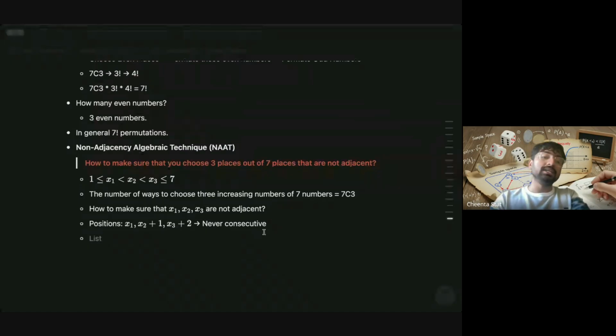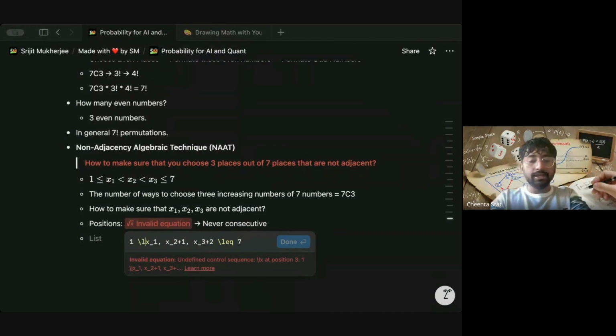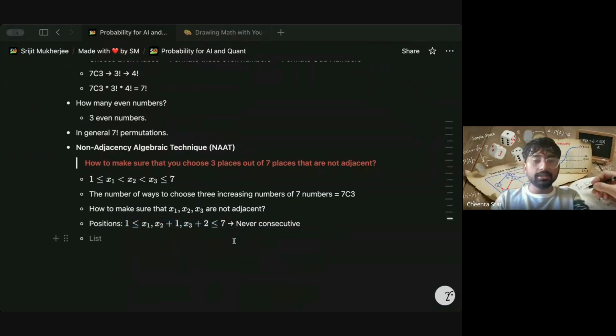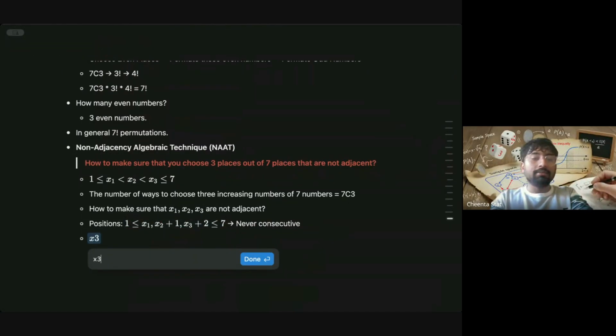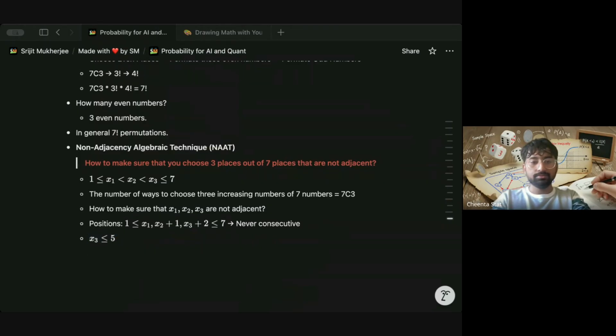Now, there's a condition that x3 plus 2 must be less than or equal to 7. That condition should always hold. So it turns out that x3, the maximum element, should be less than or equal to 5, which is 7 minus 2.